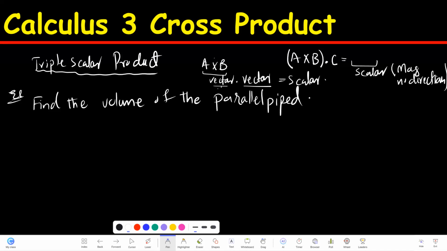Usually pipes are circular in shape, but a parallel pipe means it's a pipe that's not circular, right?